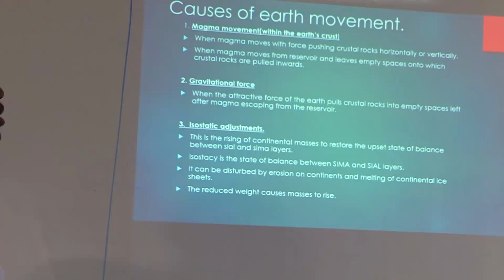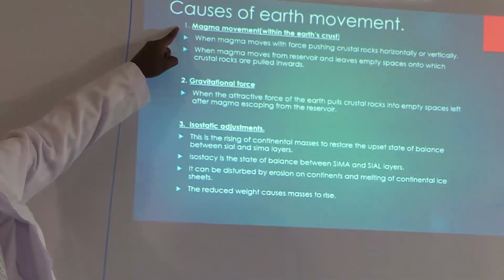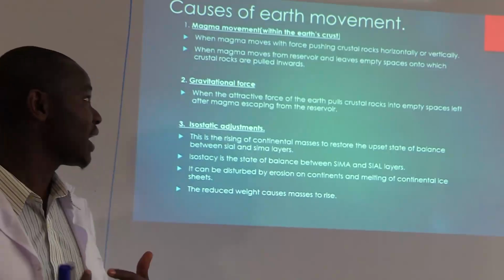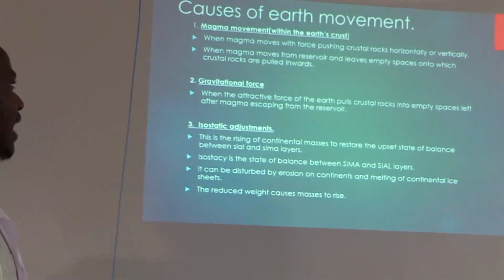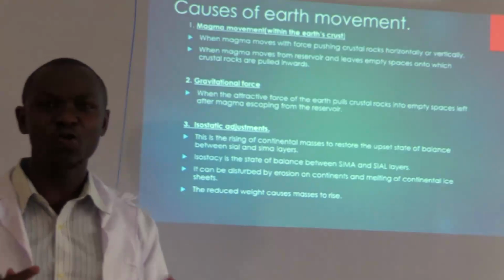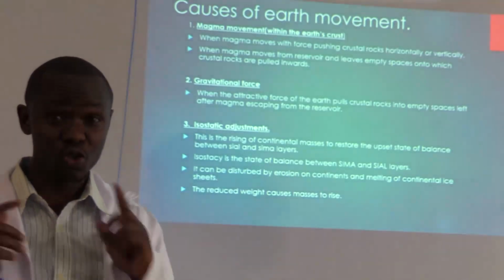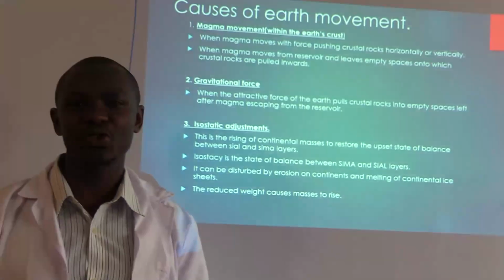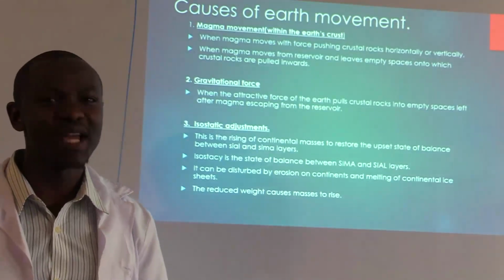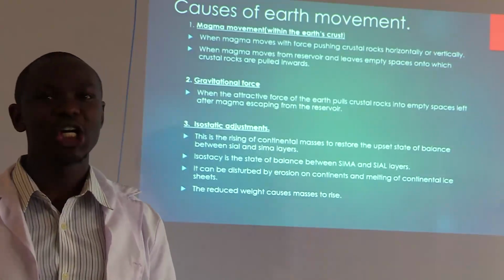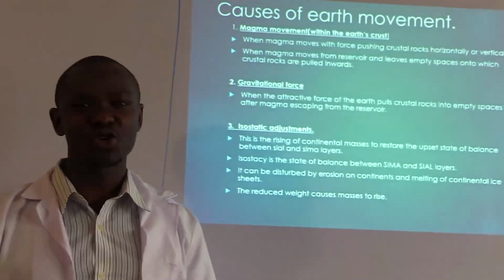One, we have magma movements, basically the movement of the magma. Two, we shall be discussing gravitational force. How does gravitational force cause crustal rocks to move? Three, we shall be discussing isostatic adjustments. We'll know what it is later on and how it causes the movement of crustal rocks.